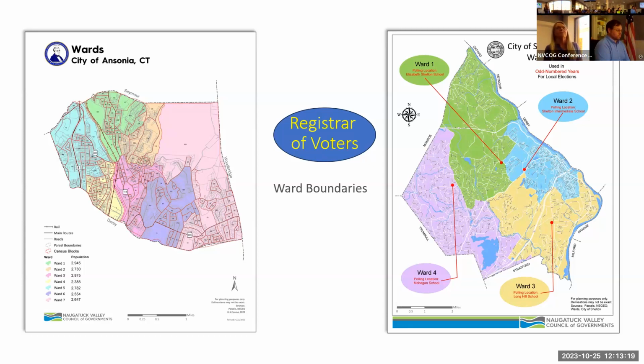That was helpful to them. The map on the right, we created for Shelton, more for information purposes, so people could go to the website or wherever this is posted and see their street and what ward they're in, and also where they're supposed to vote, depending on that ward.